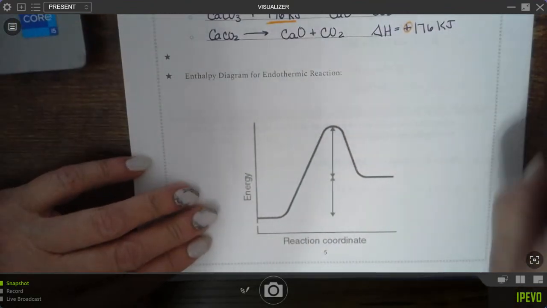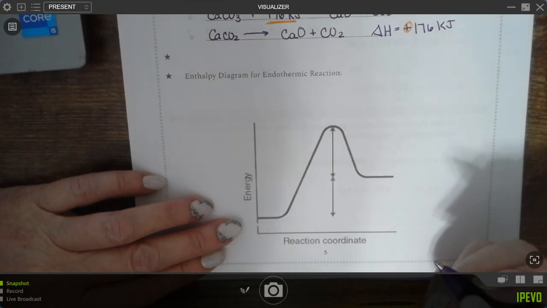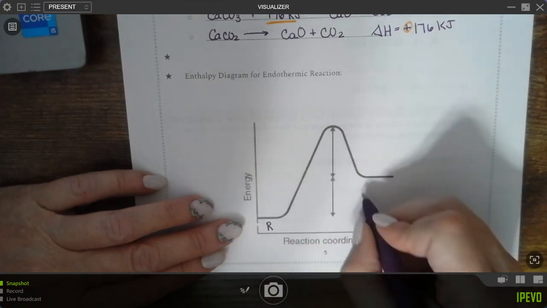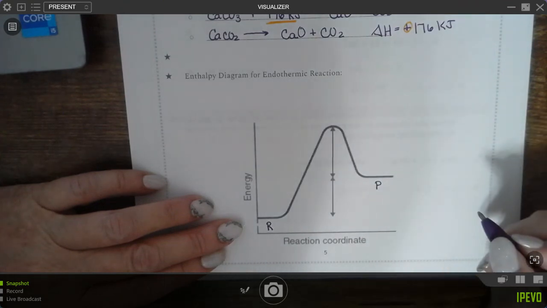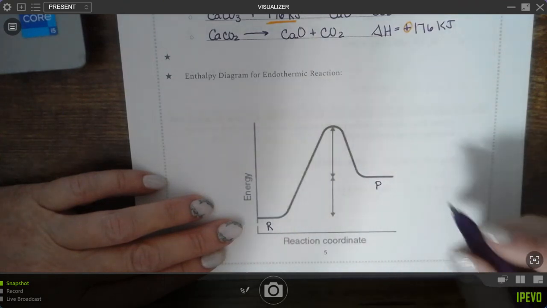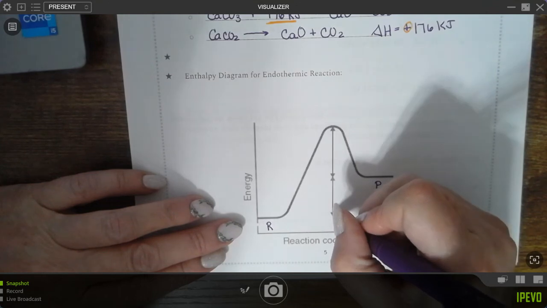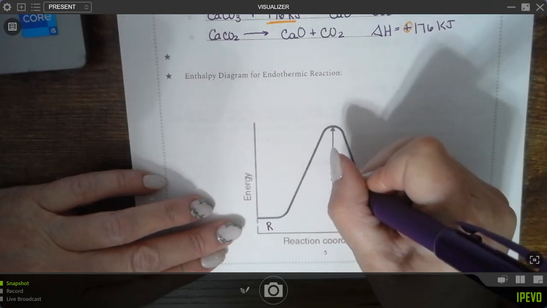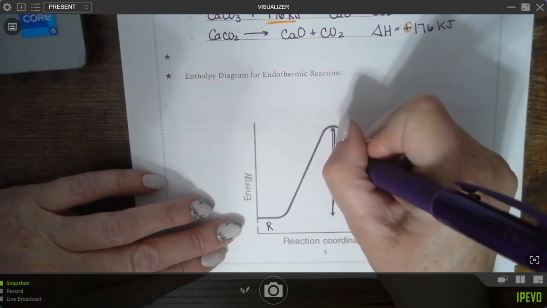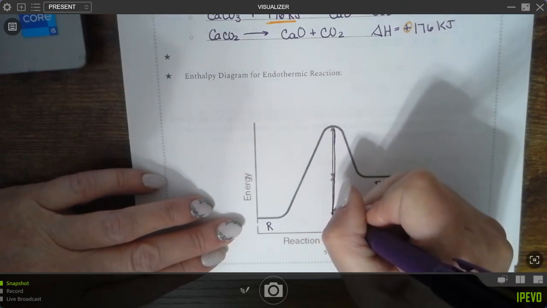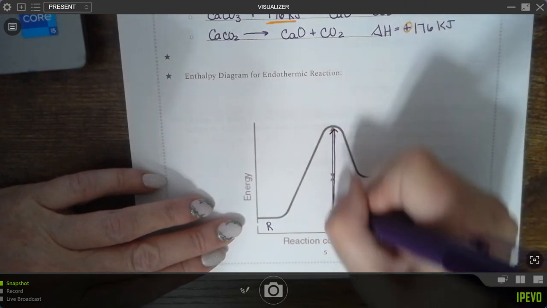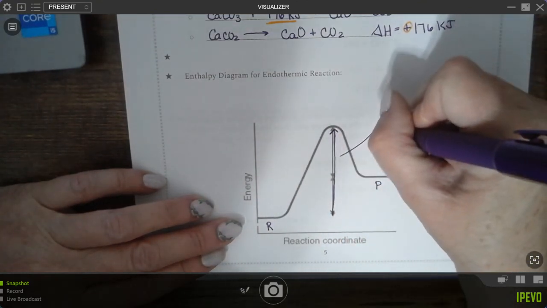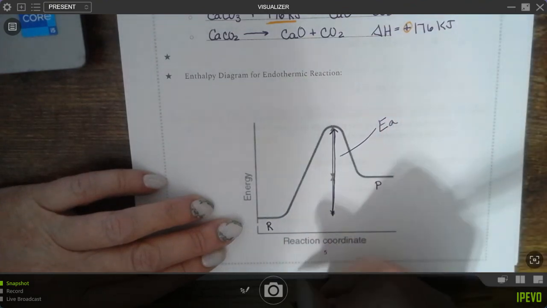And now finally, our enthalpy diagram. We're always going to start with the reactants on the left, the products on the right. The distance from the reactants to the peak of the graph, so it's a big amount on this one, that is going to be our activation energy.